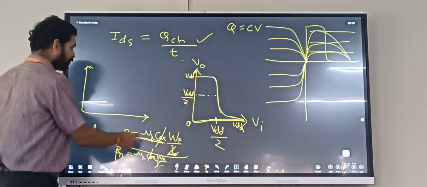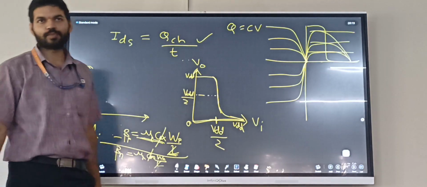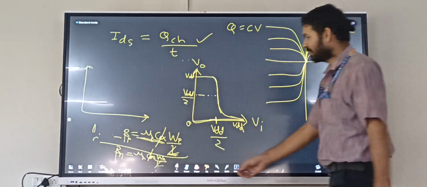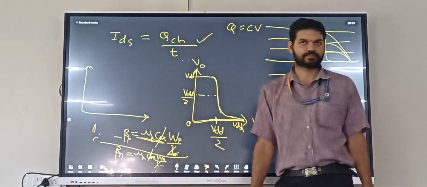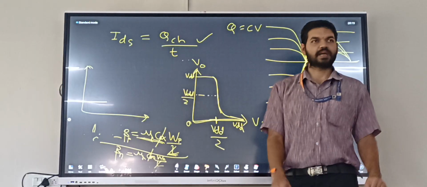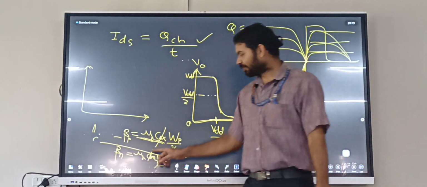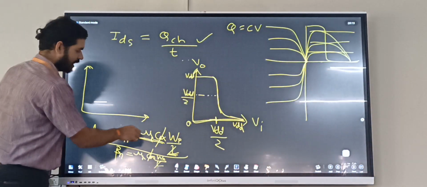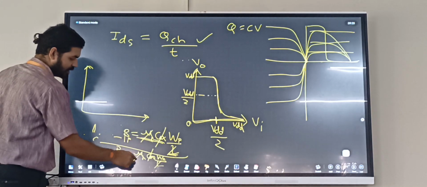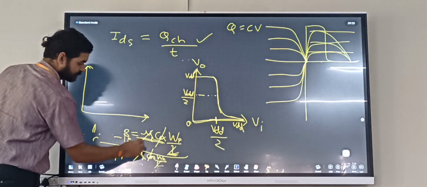Okay, and mu P and mu N, what is it? Mobility of holes, mobility of electrons. So if we say that mobility of holes is half of mobility of electrons, still these two can be cancelled and 2 can be written here.